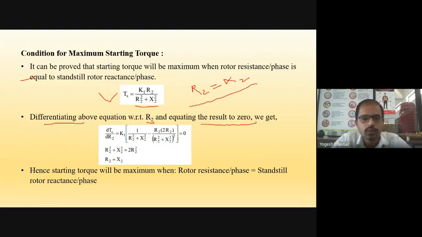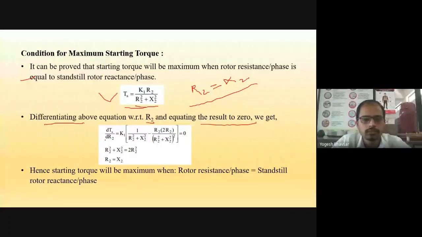Generally, when we want to calculate the condition for the maximum value, we take the differentiation and equate it to 0.